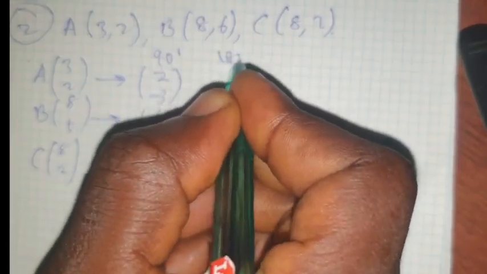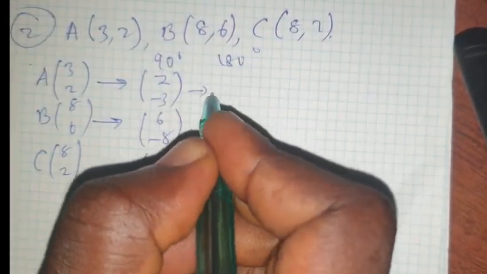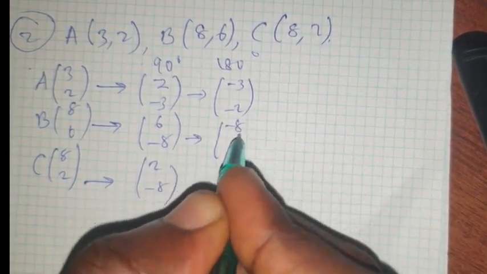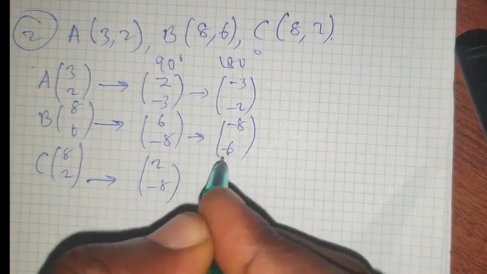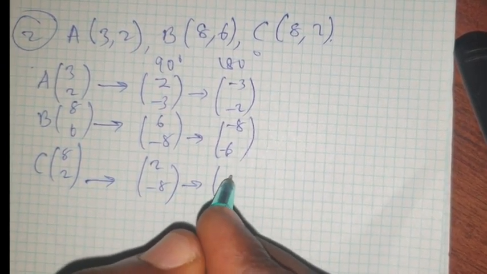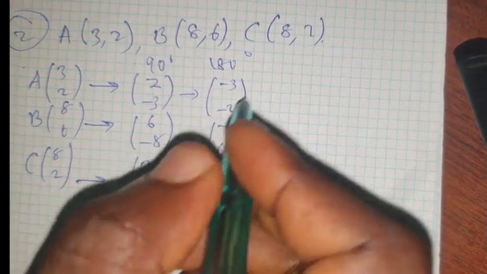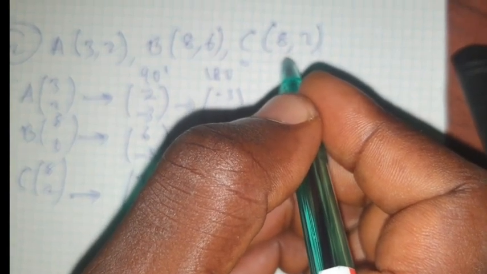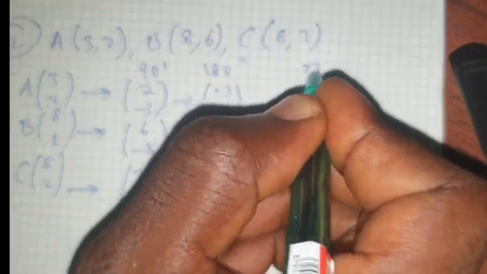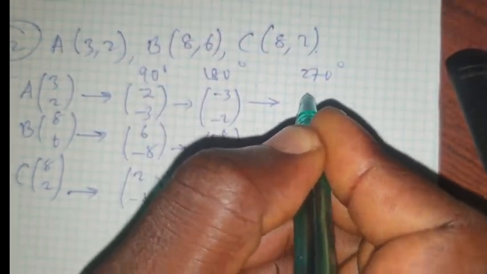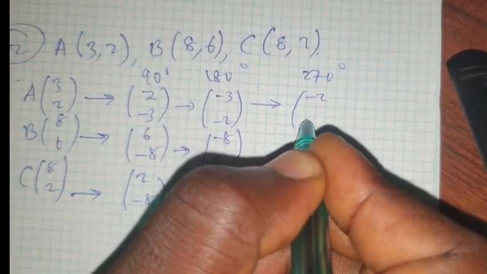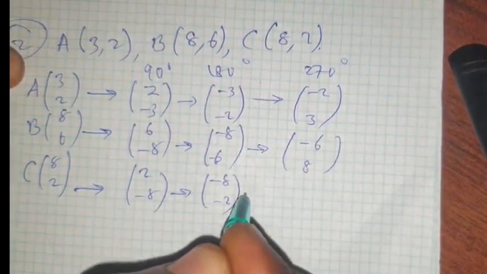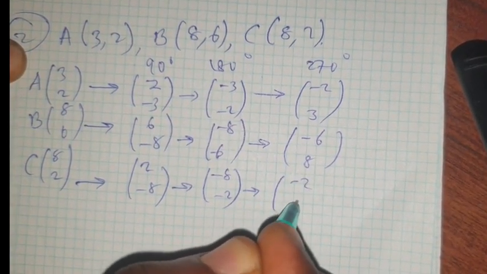Then about 180 degrees rotation will be minus 3, minus 2, point B minus 8, minus 6, and point C minus 8, minus 2. Then about 270 degrees rotation, which is the same thing as about 90 degrees anticlockwise, we have minus 2, 3, then minus 6, 8, then minus 2, 8.